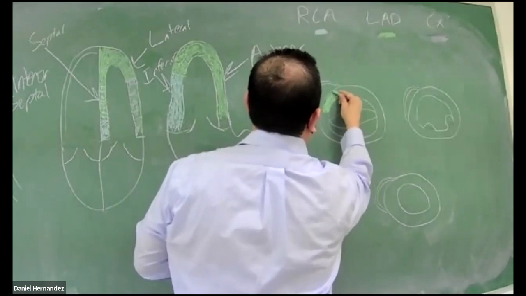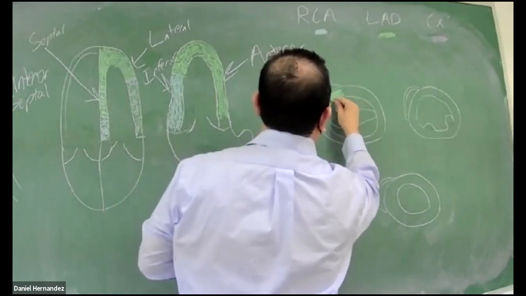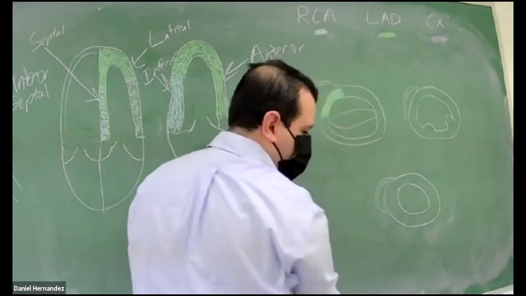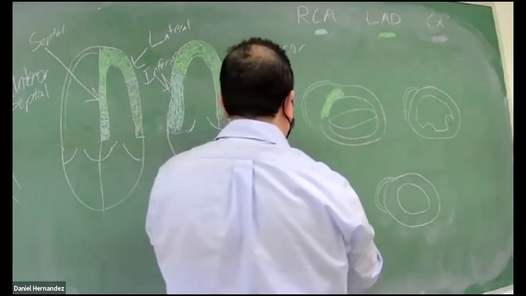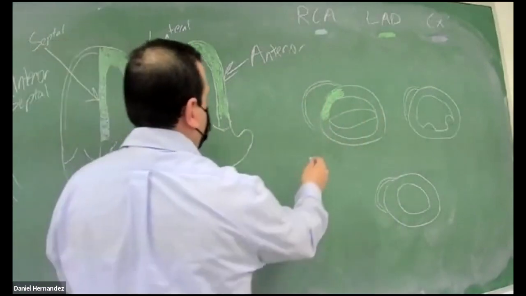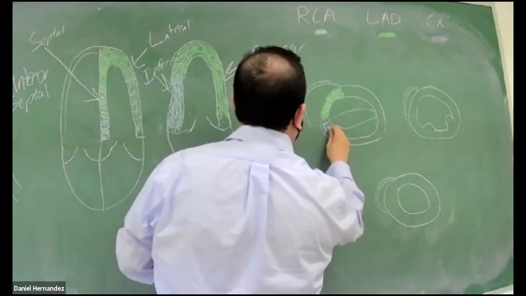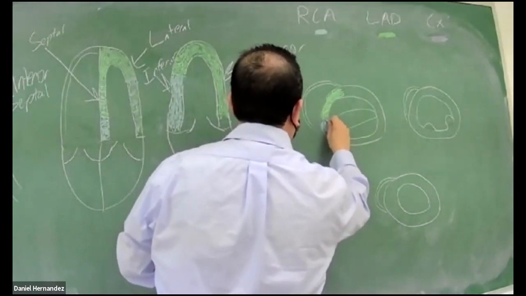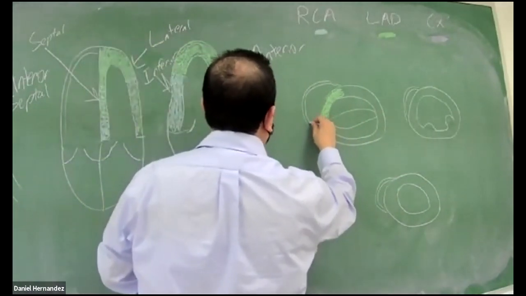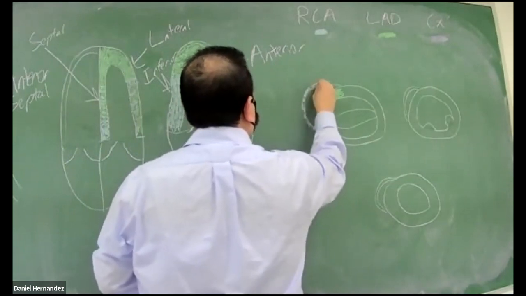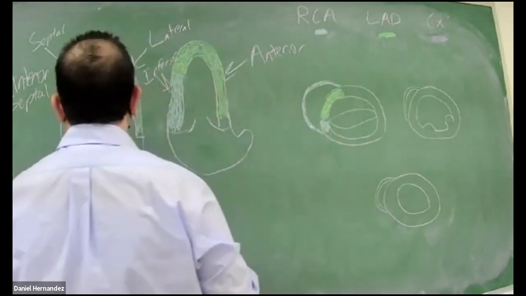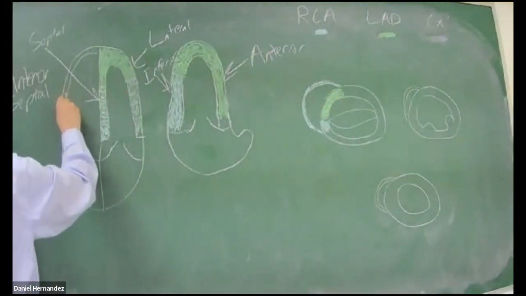We know a large section of that interventricular septum is going to be our LAD, and we also have a portion that could be the right coronary. You also have to remember the right coronary also supplies the right ventricle. So if you go back to your 4-chamber, you could fill this in blue as well.